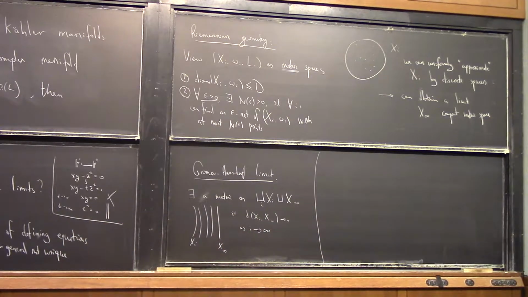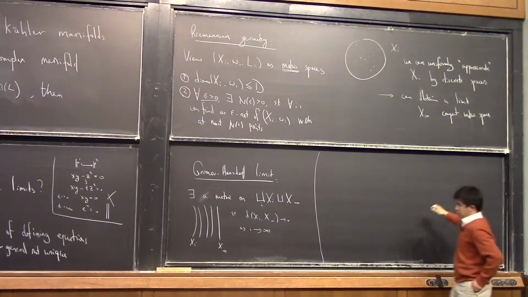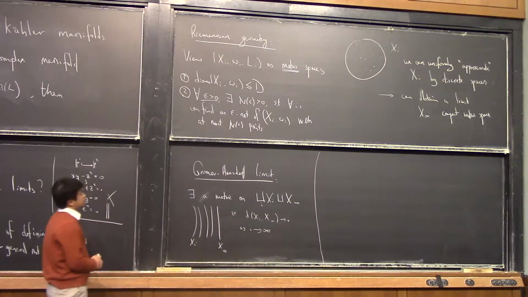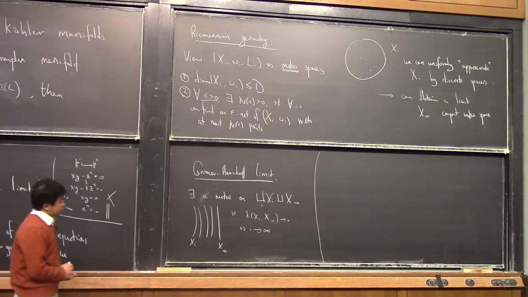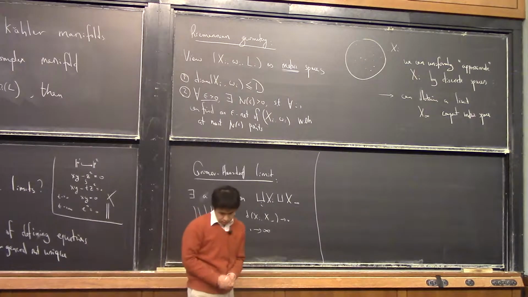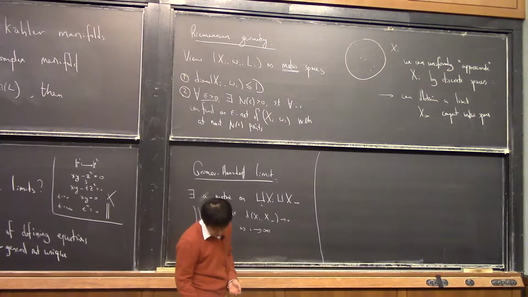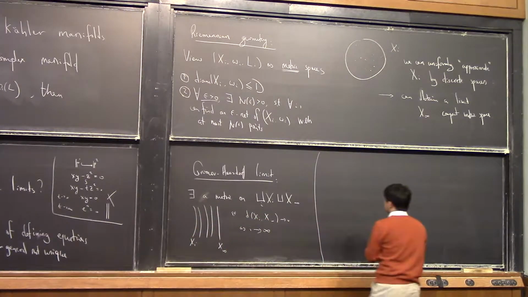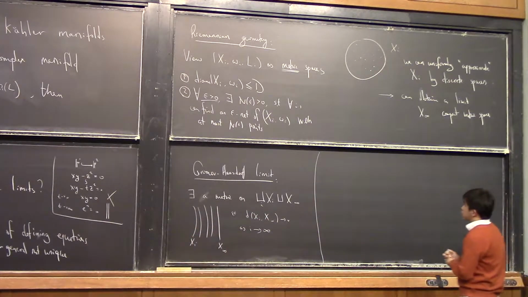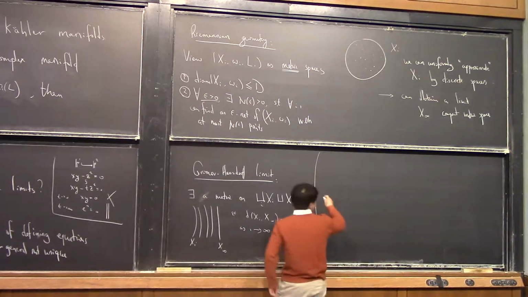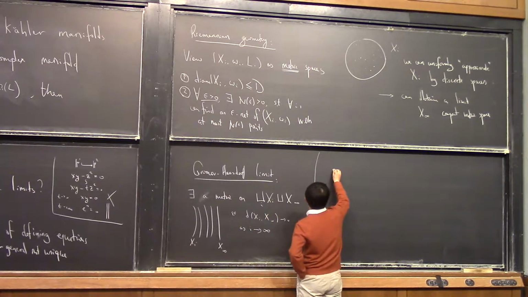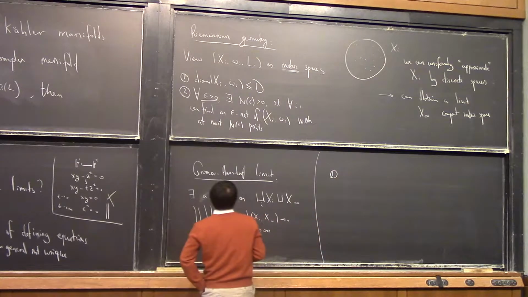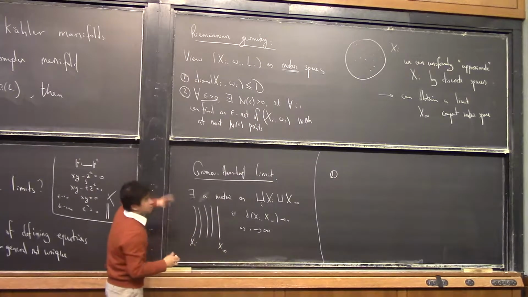We will see later that we can make sense of algebraic structures on X infinity under certain geometric assumptions. If we examine these two conditions, the first condition is to ensure that the limit is compact.